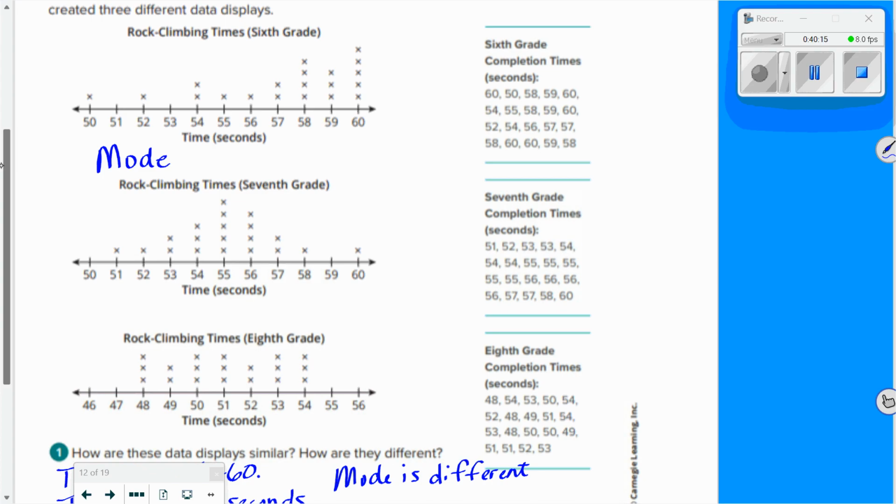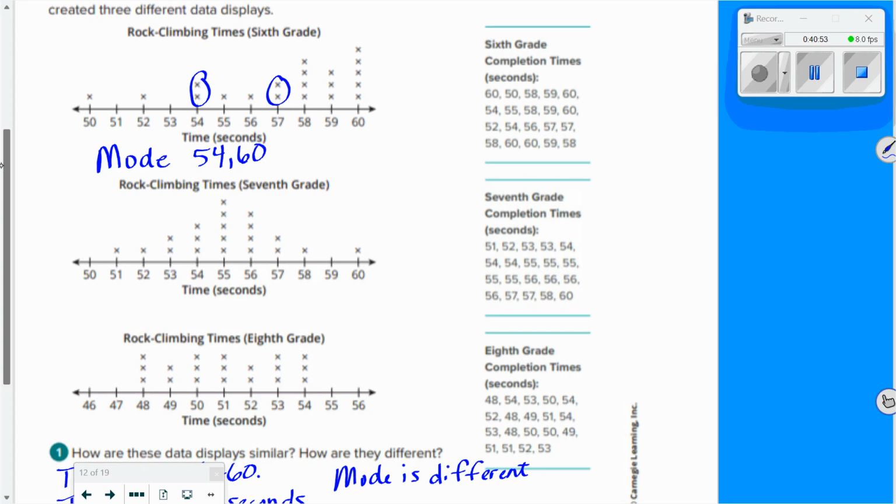One that has the most data sets. How many showed up twice? These all showed up once.